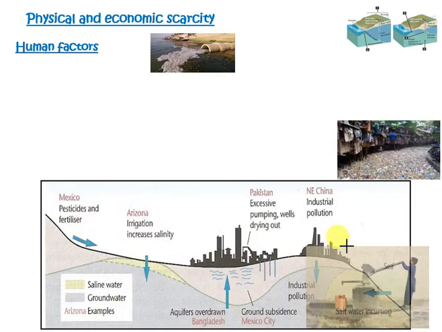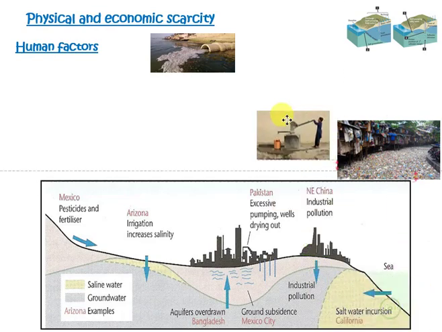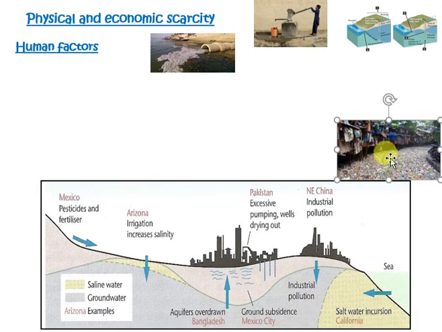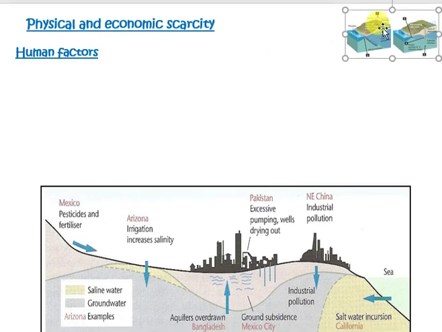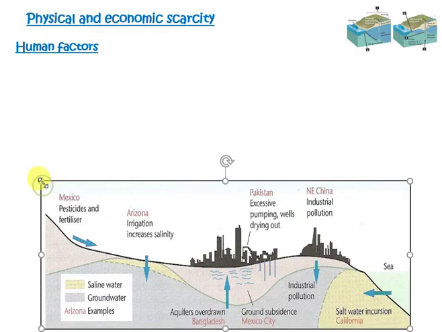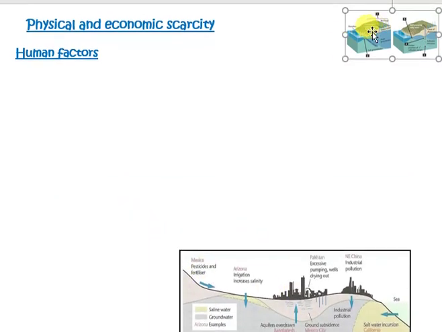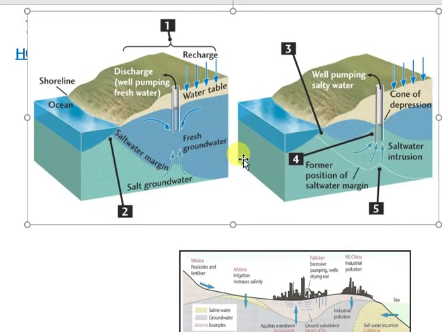You get a cone of depression because these aquifers are being over abstracted faster than they're allowed to replenish naturally. And if we do that, obviously, the impact on the future, if it's unsustainable, is going to mean that the water supply availability is reduced.